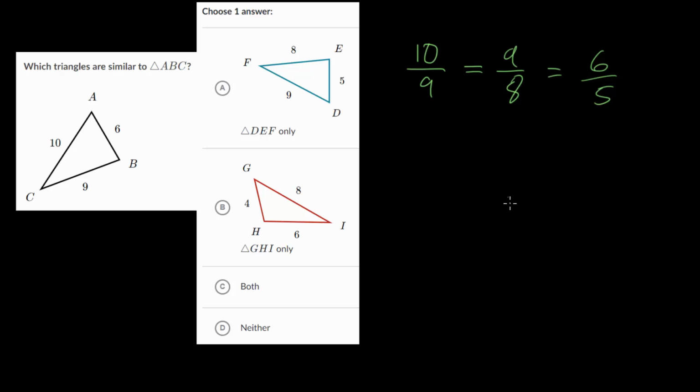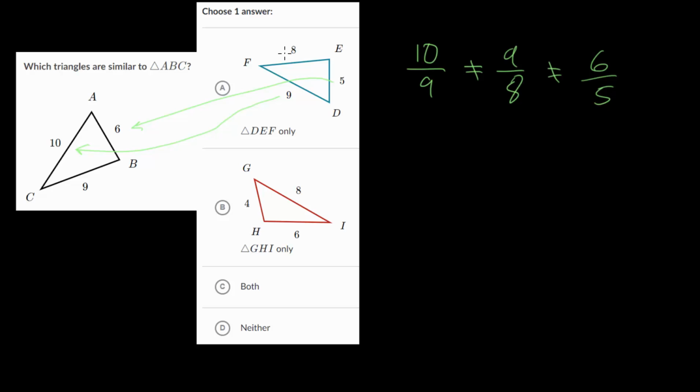But if you put all of these into a calculator, you will see that these are not equal to the same proportionality constant. We are not multiplying by the same number to go from the smaller triangle sides to the bigger triangle sides. It's different for each of these side lengths. When we go from the smaller side of 5 to 6, we're multiplying by 1.2.